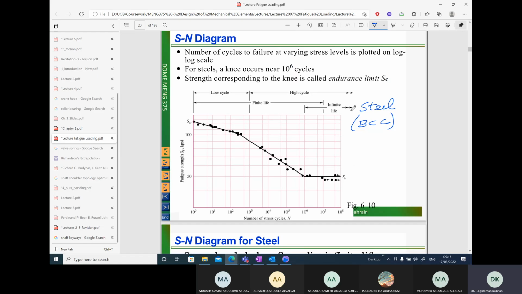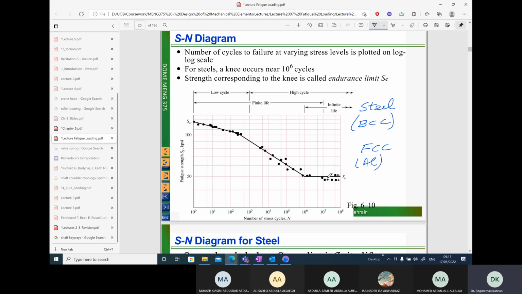Now a material with BCC structure usually has different behavior in comparison to materials which have FCC structure, for example, aluminum. So this result is for steel with BCC structure. Most of the materials with BCC structure exhibit a phenomenon which is called the endurance limit.